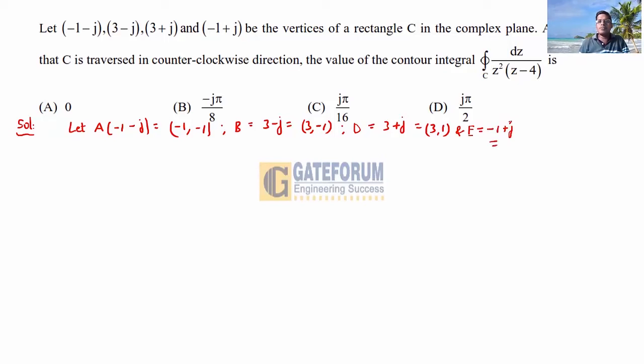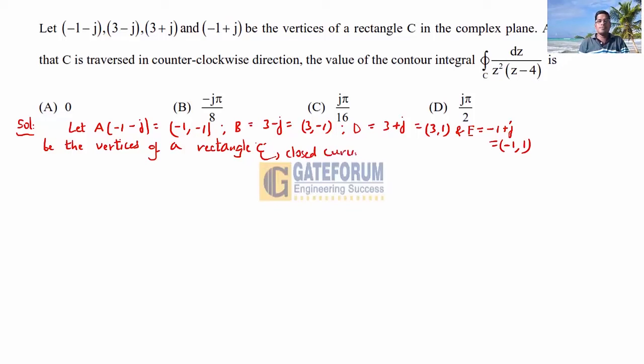It is nothing but (minus 1, 1). These are the vertices of a rectangle C. This is a closed curve.